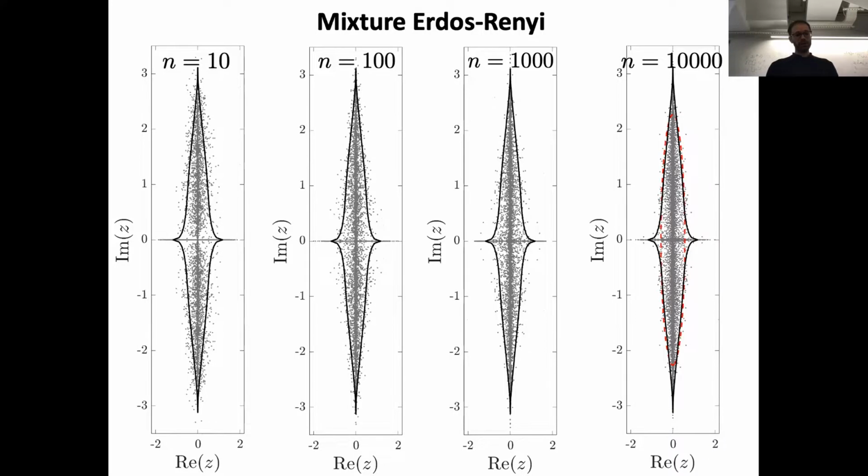So how about the mixture case? Why does the leading eigenvalue diverge in this case? Well, if you plot the spectra, you can see what's going on. What happens is that you develop tails on the real axis.